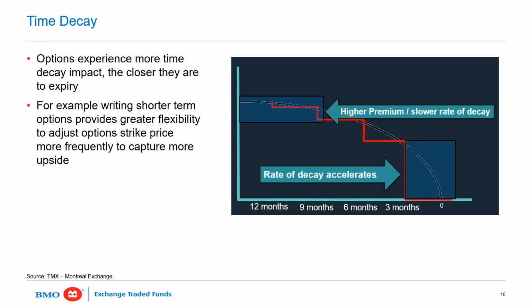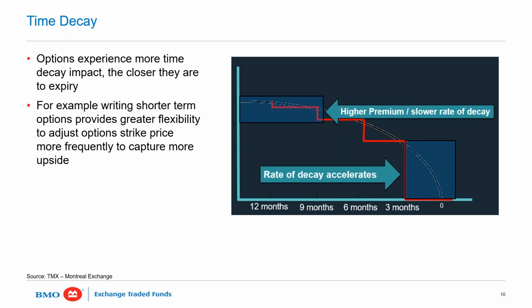But any value over and above that intrinsic value is referred to as time value. And what that represents is essentially the wide range of outcomes that can happen before that option expires. And so the farther away you are from expiry, the more time value an option has.